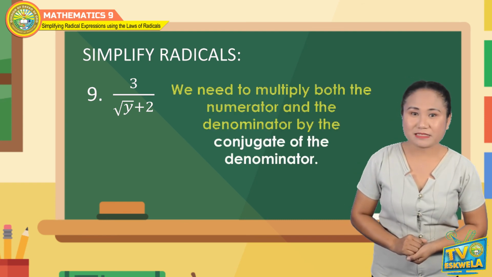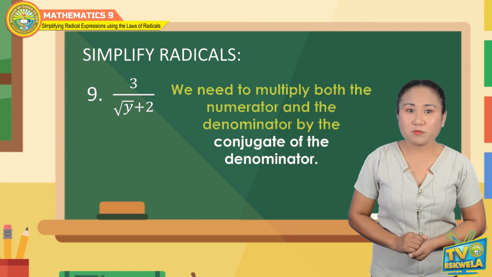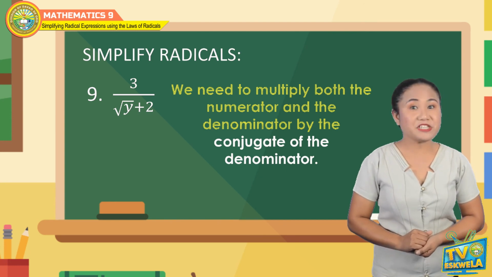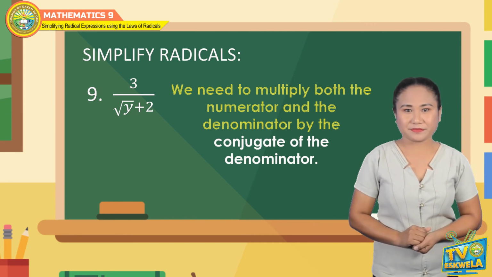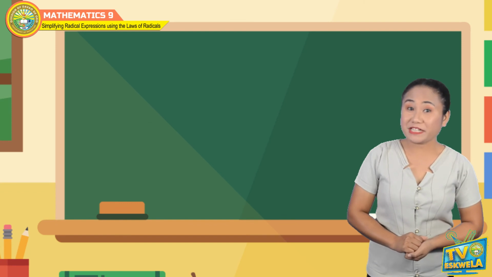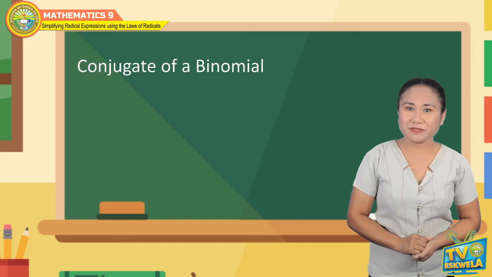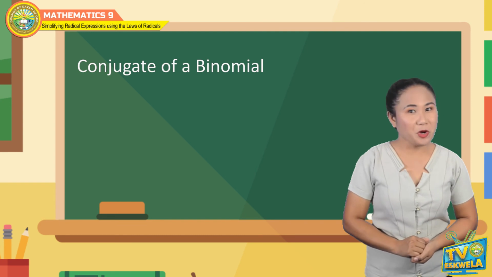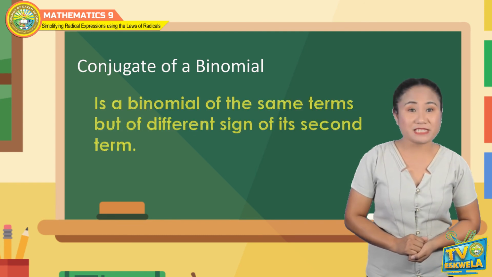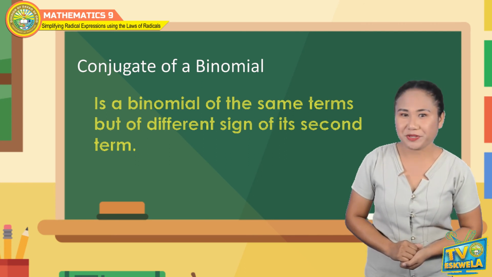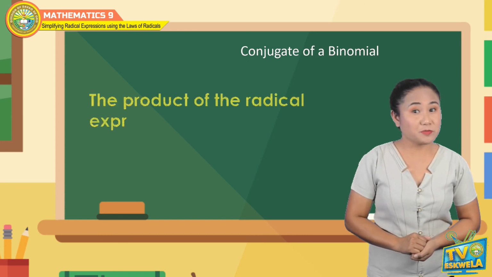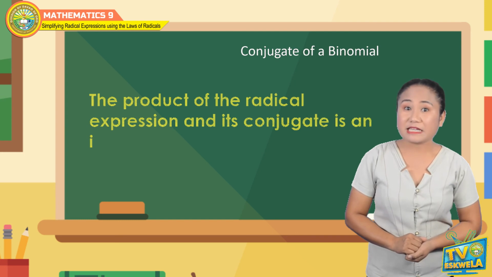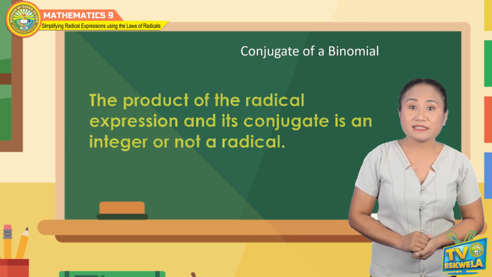In this case, we need to multiply both the numerator and denominator by the conjugate of the denominator. What is a conjugate of a binomial? The conjugate of a binomial is a binomial of the same terms, but of different sign of its second term. The product of the radical expression and its conjugate is an integer or not a radical.